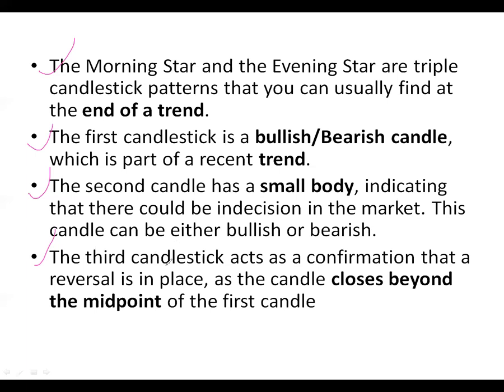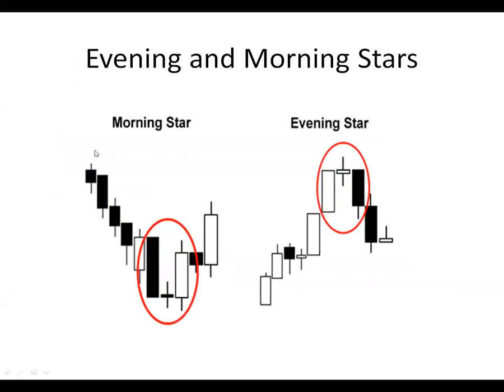So just as the note is explaining, the last candle that is formed in the reversal pattern becomes a candle that is more than half of the previous bearish or bullish candle. So this is the previous bearish candle. There's indecision.